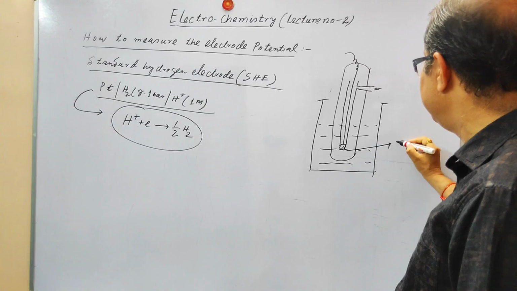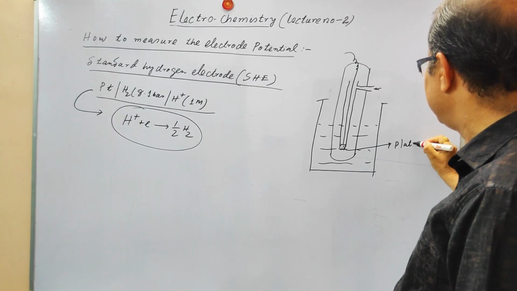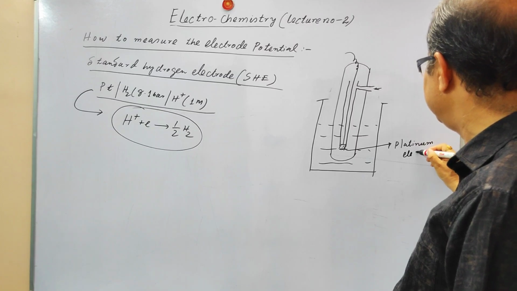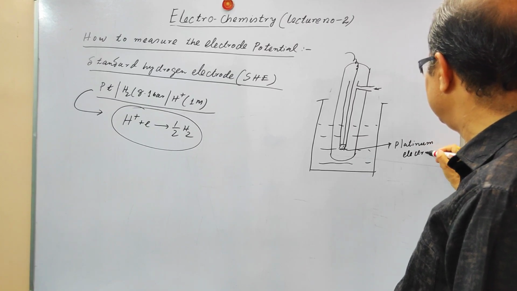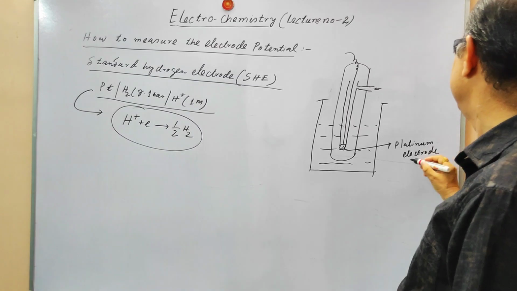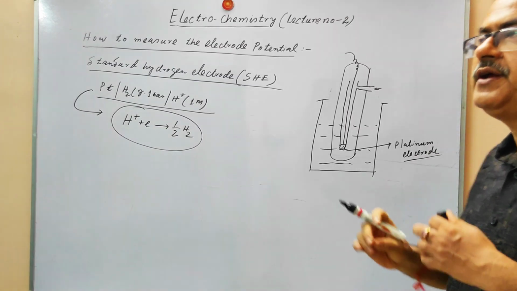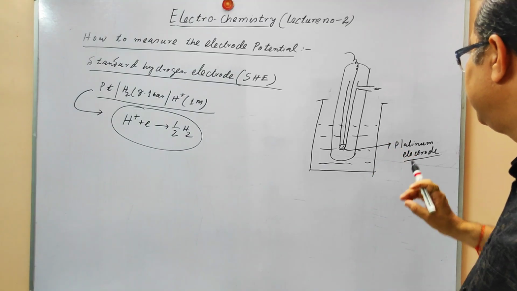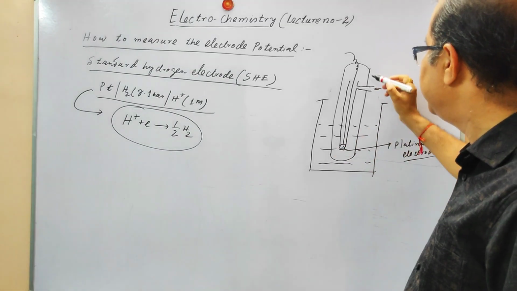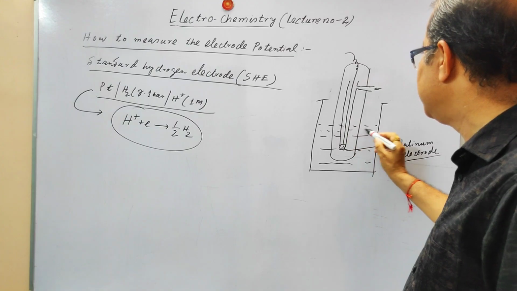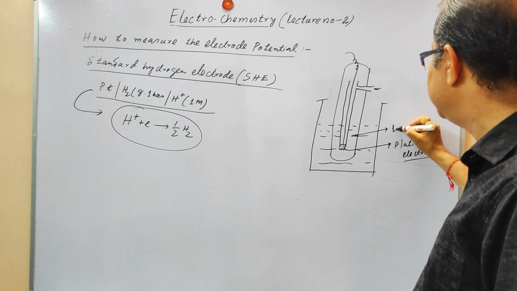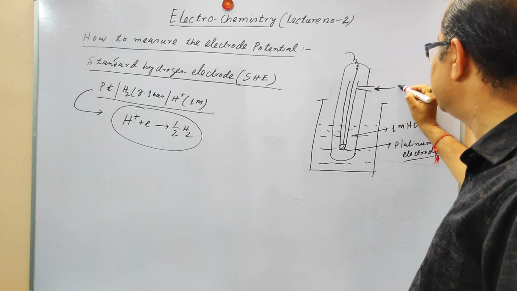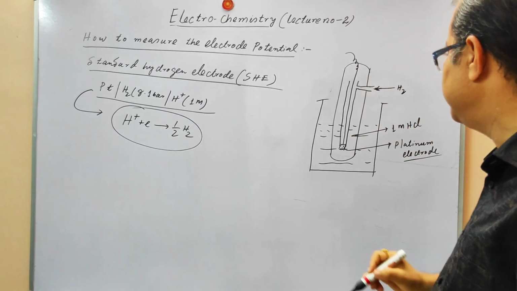This is the platinum electrode, and it is coated with black platinum, finely ground black platinum. Here you can see there is a solution of 1 molar HCl, and pure hydrogen is bubbled through it.